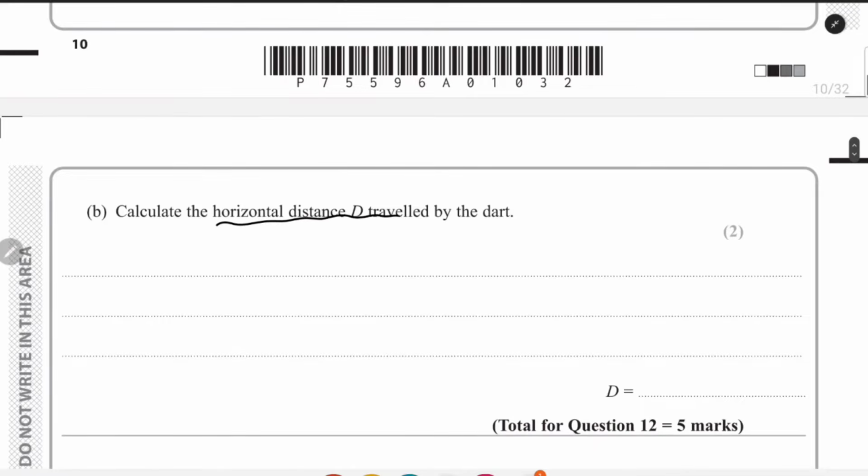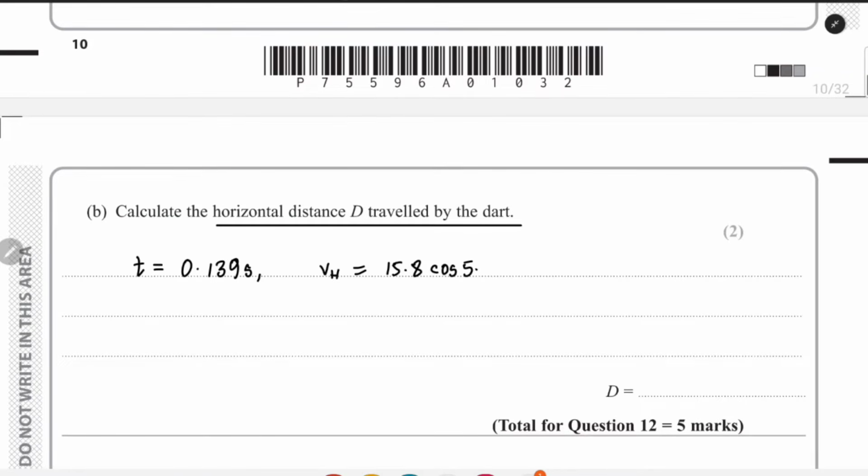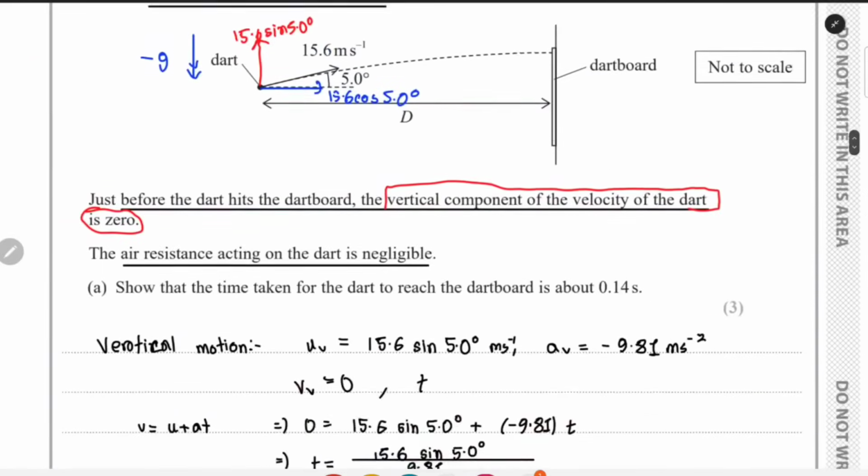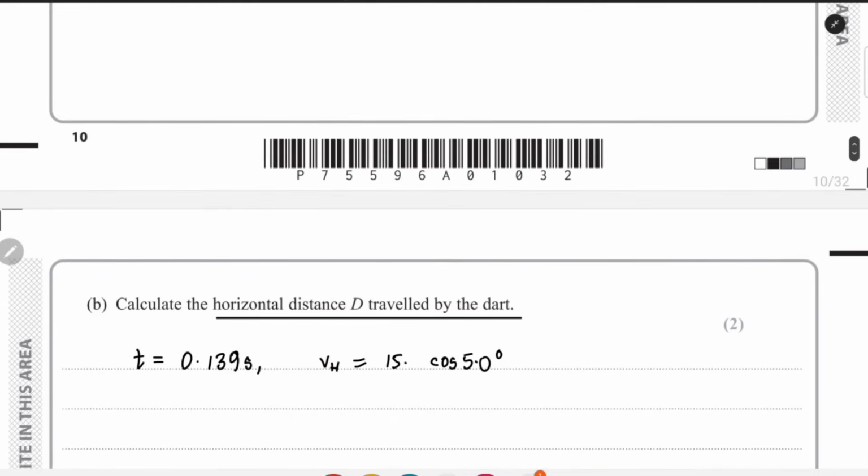Now we have to find the horizontal distance d traveled by the dart. The travel time is 0.139 seconds. The horizontal velocity is 15.6 cos 5 degrees.